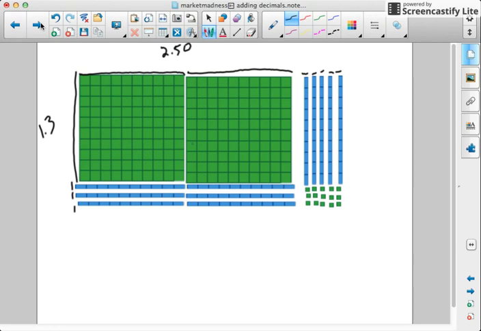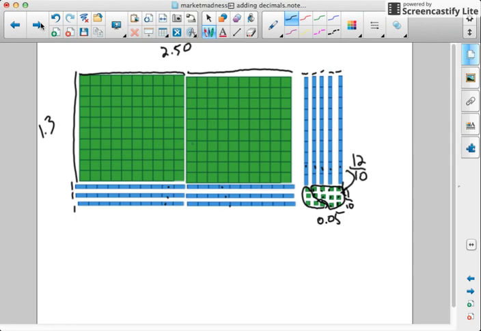I just need to fill in and build my rectangle so it's a perfect rectangle and count up all the space on the inside. I'm going to start by doing my regrouping here. I have 1, 2, 3, 4, 5, 6, 7, 8, 9, 10, so that would give me 1/10. And I have 5 hundredths left over, so I could put that in my hundredths spot. I have 1, 2, 3, 4, 5, 6, 7, 8, 9, 10, 11 tenths, plus this one here, so that makes 12 tenths.